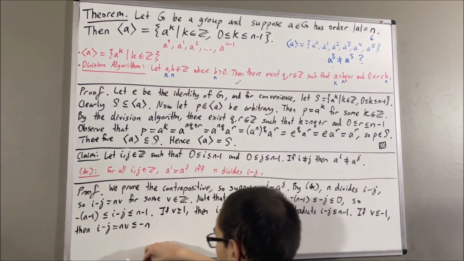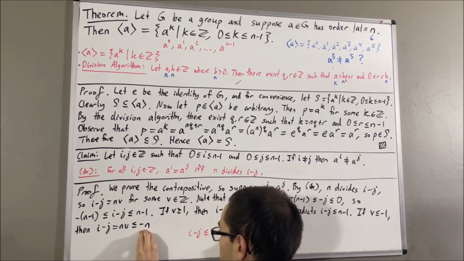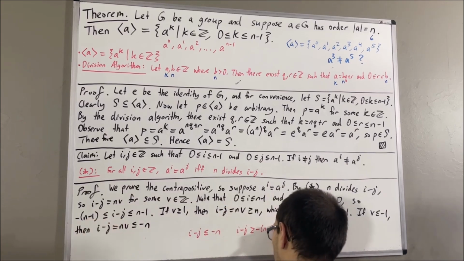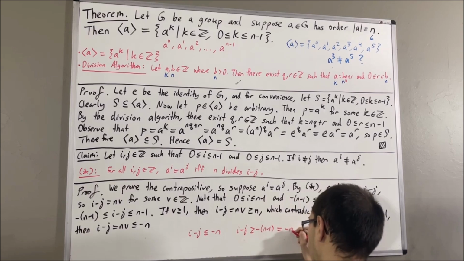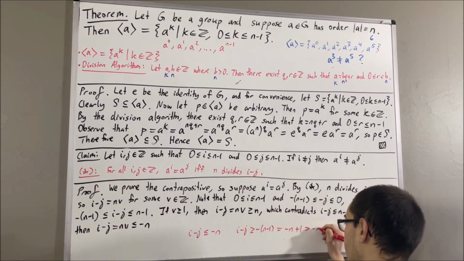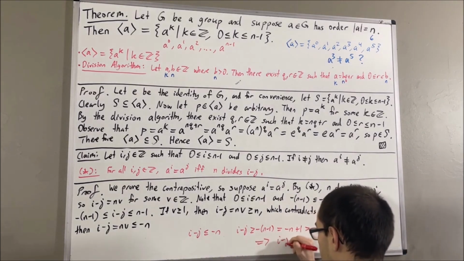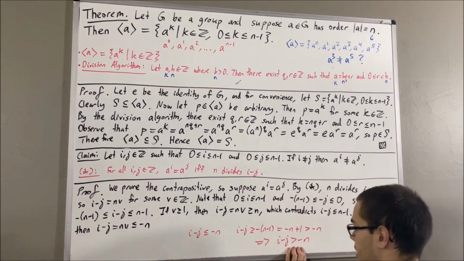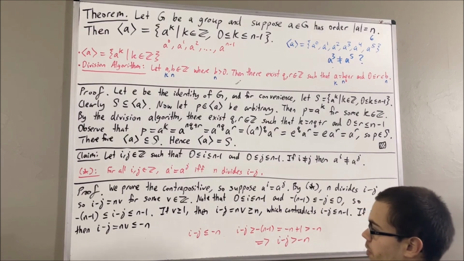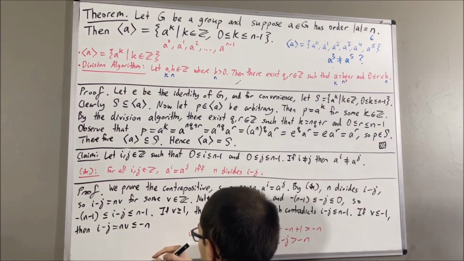And just to unravel that a little bit, we know i minus j is less than or equal to -n, but we also know i minus j is greater than or equal to the negative of n minus 1. The negative of n minus 1 is equal to negative n plus 1, and we know that negative n plus 1 is greater than negative n, so this implies i minus j is greater than negative n. This contradicts the fact that i minus j is less than or equal to negative n, right? So that's how we know that this inequality and this inequality contradict each other.